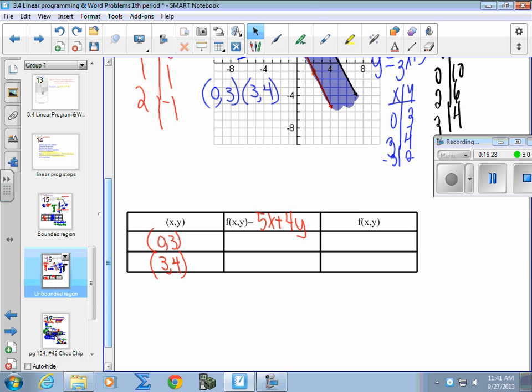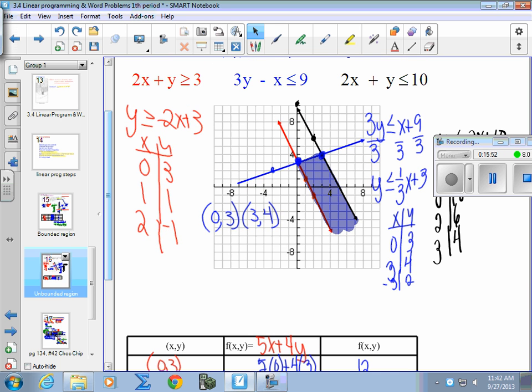Plug these numbers in, we get 5 times 0 plus 4 times 3, and we get 12. Plug in 5 times 3 plus 4 times 4, we get 31. It's unbounded because it's not closed at the bottom.